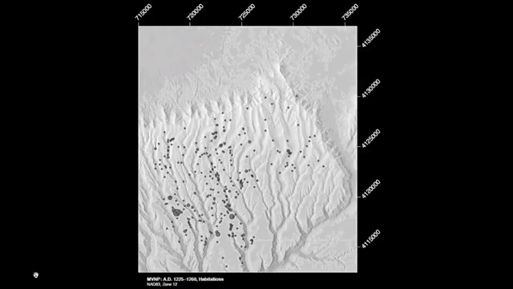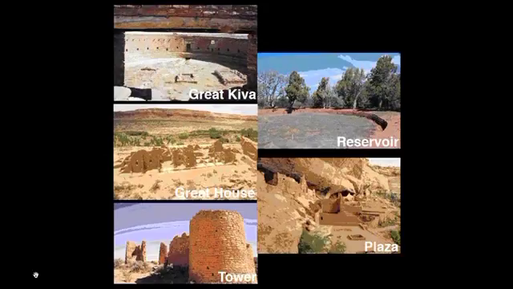We're ahead one slide now, but on the last slide, you could see pictures of relatively representative examples of each type of public feature. For this project, the height above ground for each structure is standardized. So we use 2 meters for great kivas, 2 meters for reservoirs, 7 meters for great houses, 0 meters for plazas, and 7 meters for towers. And next slide, please.